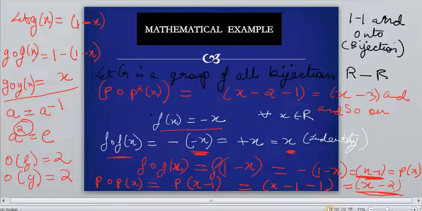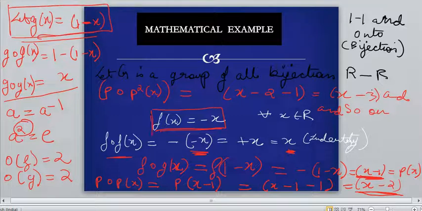So what can you say over here? You see the order, it started with f of x. From f of x we took another function g of x, and when we did a composition of g of x and f of x, we came out with a new function. What is the function? P of x, that is x minus 1.